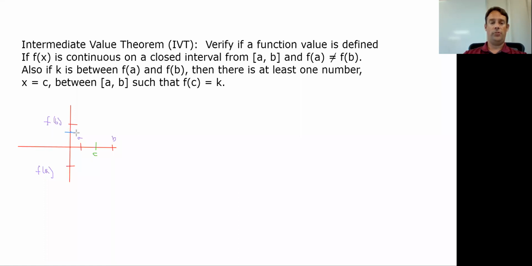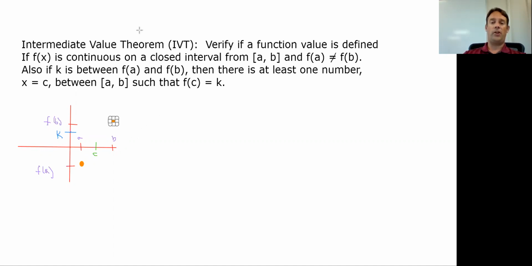So our existence theorem says that k is between our two y values, and that c is between the two x values. If it's continuous, so the graph has to be continuous. It has to be closed. In other words, they're closed dots, so it's continuous. There are no points of discontinuity in here.